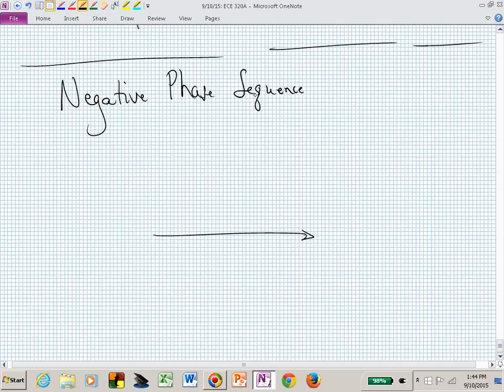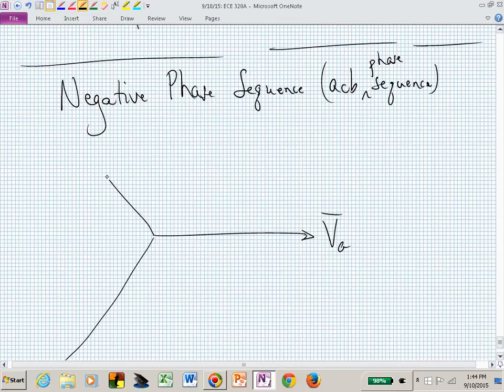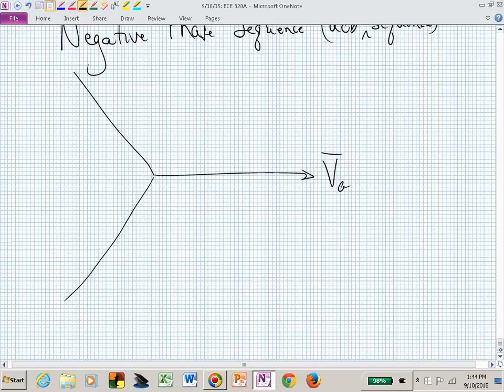The negative phase sequence, or the ACB sequence, if this is now V sub A, I'll do the hard part. There are my other phasors.